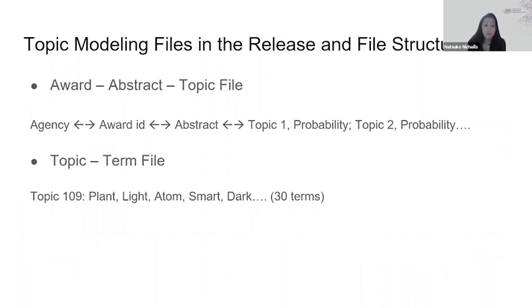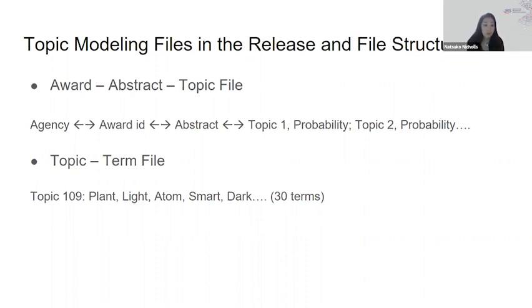We included two files based on topic modeling analysis in our dataset in the current release. And here are our two different files and data structure. In general, our goal is always to provide files that allow researchers to have a maximum range of options to choose from, not necessarily imposing them to use what we provide.